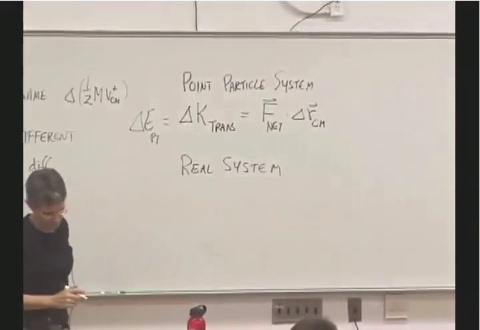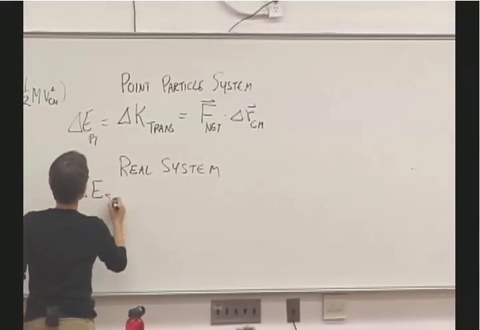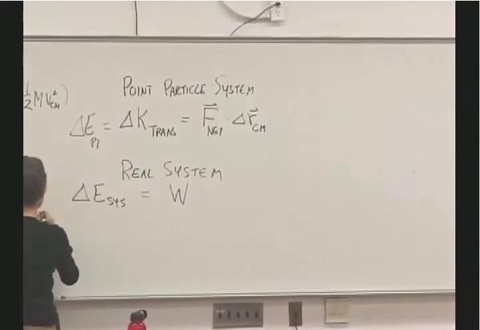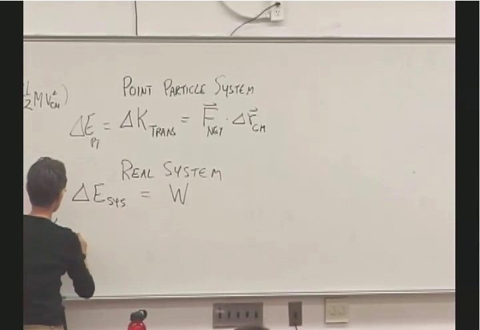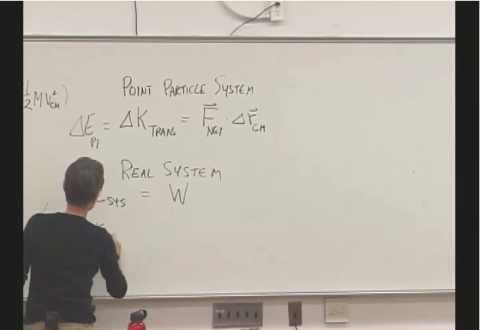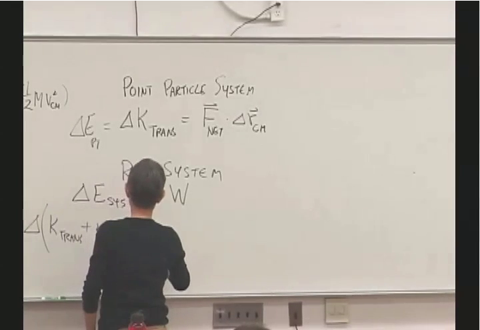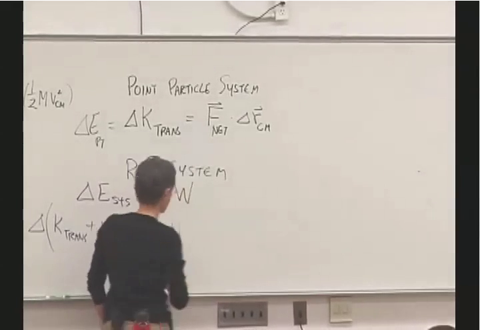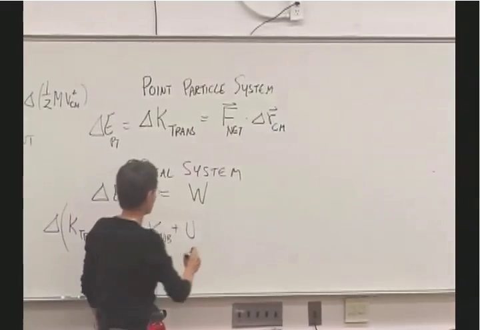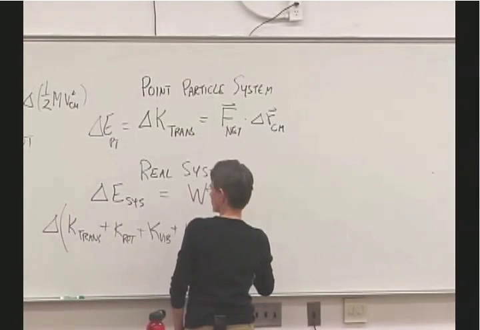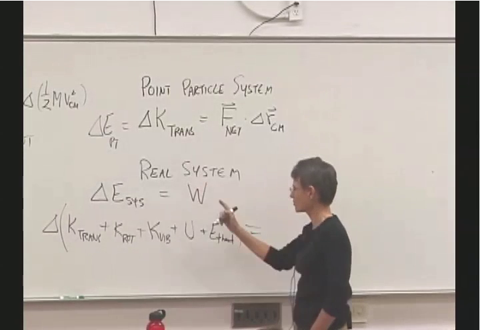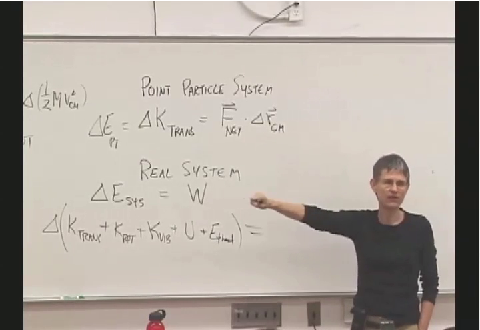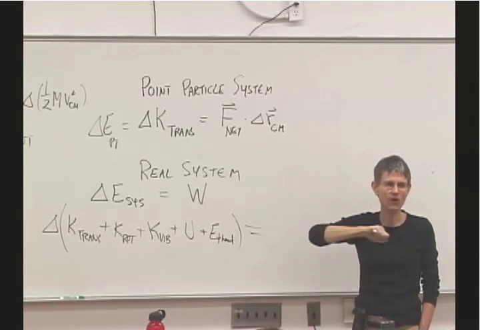For the real system, the change of energy of the real system is certainly the external work done. And this is the change in the translational kinetic energy plus the rotational kinetic energy plus the vibrational kinetic energy plus any spring energies or something like that if we've got springs in the system, plus thermal energy, whatever we've got here. But the work done isn't calculated that way because, as you saw, the little flag on the string actually moved farther than the center of mass moved.